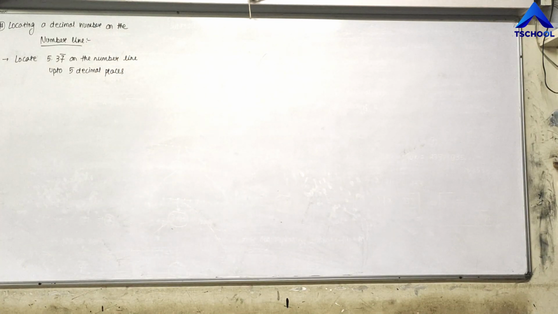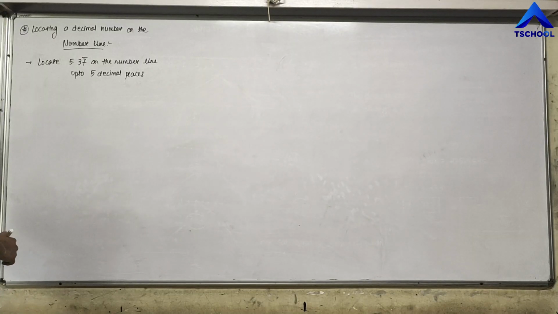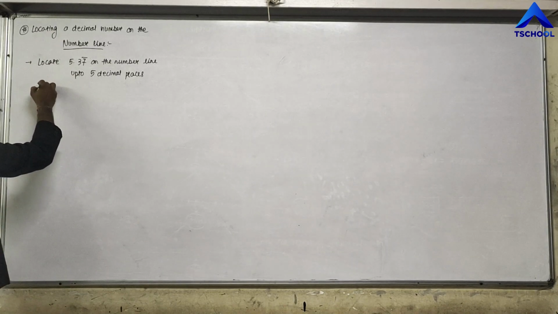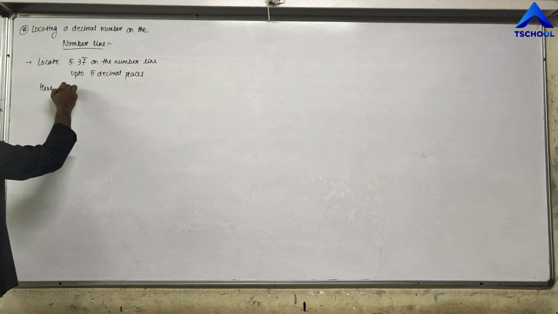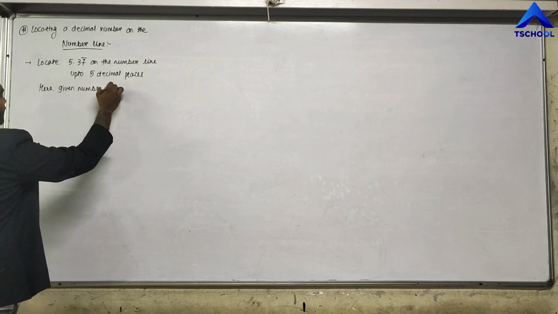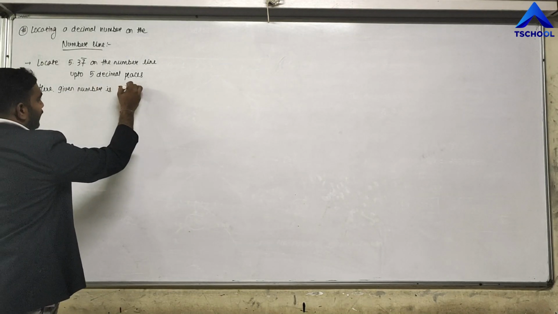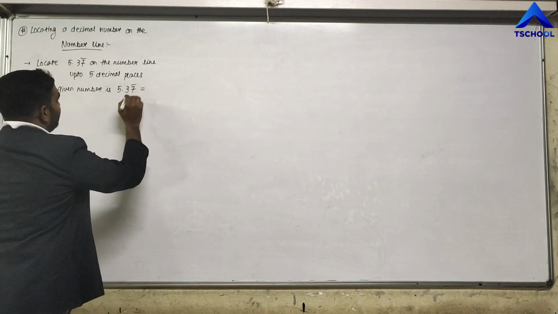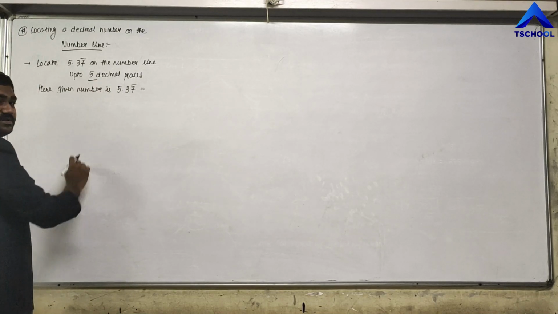So for this, what we are going to do is, first of all, draw the number line, as we were discussing about how to locate this 5.37 bar on the number line up to 5 decimal places. So here the given number is 5.37 bar, but we need up to the 5 decimal places here.